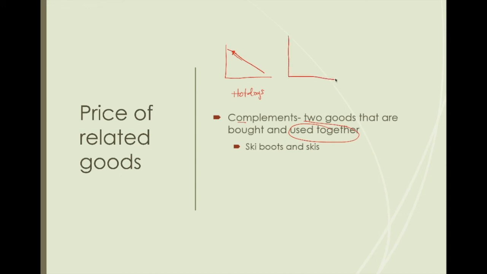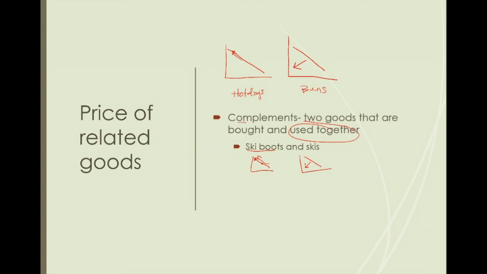But then if you have buns, the price of buns doesn't change, but the demand for buns decreases because people are buying less hot dogs. So the same goes for ski boots and skis. If the ski boot price goes up, moving along the curve from one point to the other, then skis are going to be inadvertently affected and their demand is going to go down, even if their price doesn't change. So complements will basically affect each other in that way.